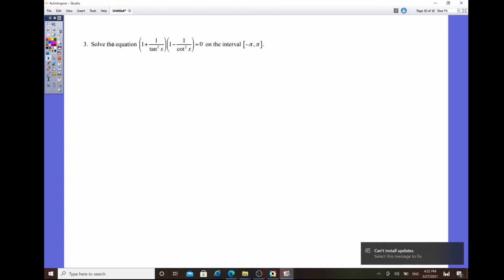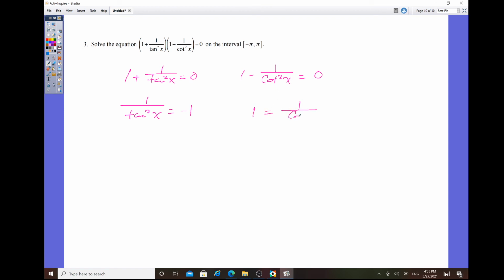Now this one is already factored, so we can simply set each one of the factors equal to 0. From here, we want to simplify a little bit more. So 1 over tangent square of x equals negative 1. And the other one is 1 equals 1 plus 1 over cotangent square of x.